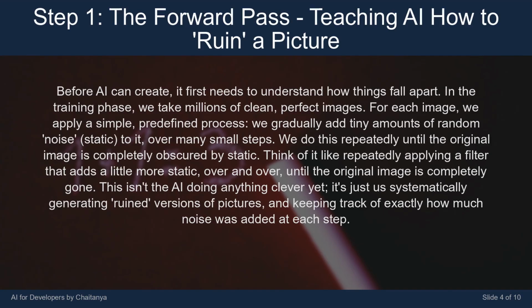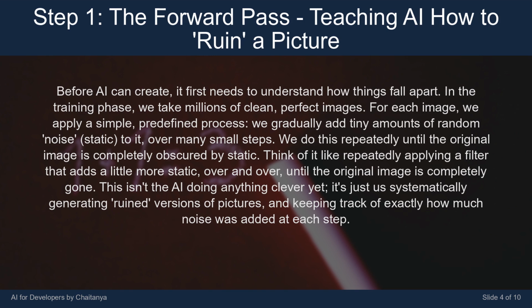In the training phase, we take millions of clean, perfect images. For each image, we apply a simple, predefined process. We gradually add tiny amounts of random noise, static, to it, over many small steps. We do this repeatedly until the original image is completely obscured by static.